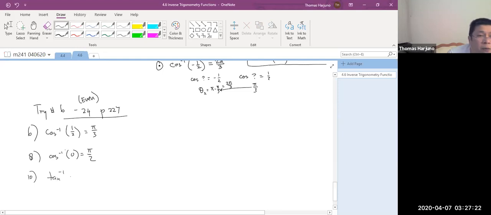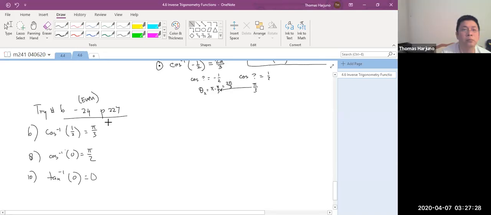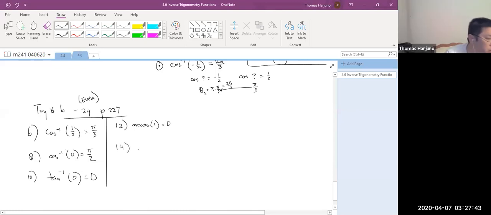Tangent inverse 0 is 0. Number 4. How about arccosine of 1? 0. That's 0. That's right.